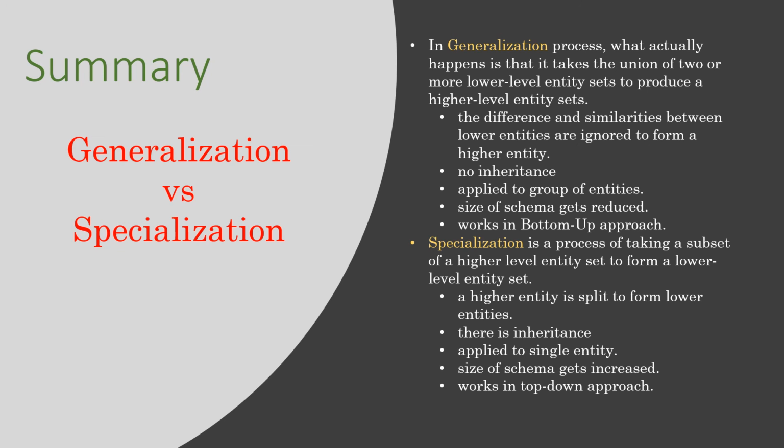It applies to a group of entities, the size of schema gets reduced, and it works on the bottom-up approach. Specialization is the process of taking a subset of a higher level entity set to form a lower level entity set, meaning a higher entity is split to form lower entities. There is inheritance, and it is applied to a single entity. The size of schema gets increased because we are discussing it in a detailed approach. It works in a top-down approach.